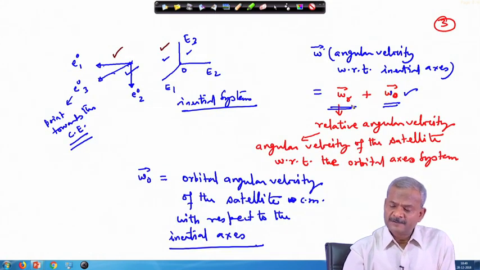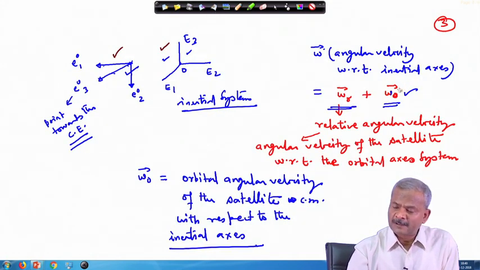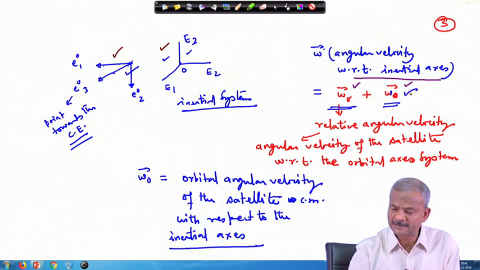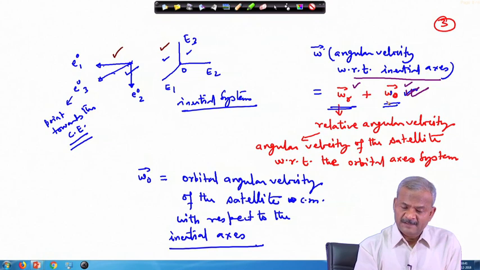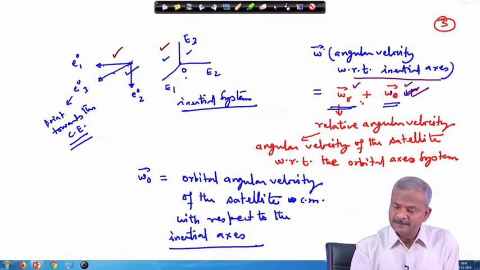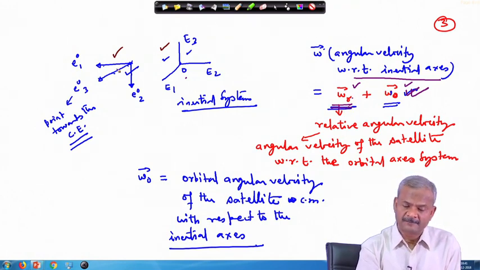And therefore, from this consideration, the angular velocity of the satellite with respect to the inertial frame will be the sum of these two. First, the angular velocity of the orbital axis with respect to the inertial axis system, and then the angular velocity of the satellite with respect to the orbital axis system.